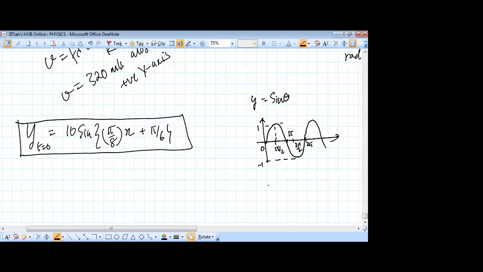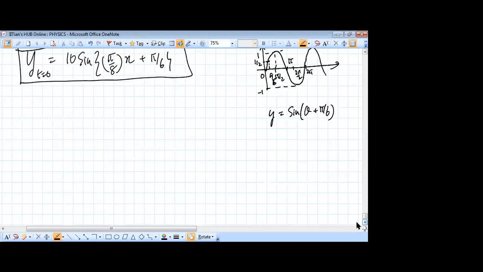Now, if I transform this to sine of theta plus pi by 6, what will happen? This graph will shift to the left by pi by 6. So at pi by 6, you know, 30 degrees, the value of this becomes half. So it shifts pi by 6 this way.